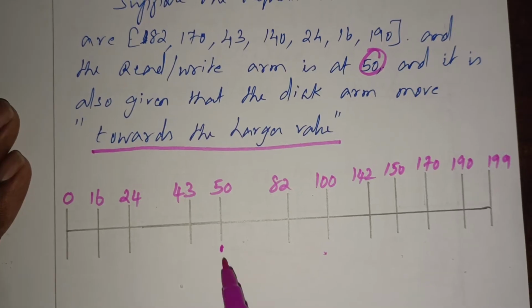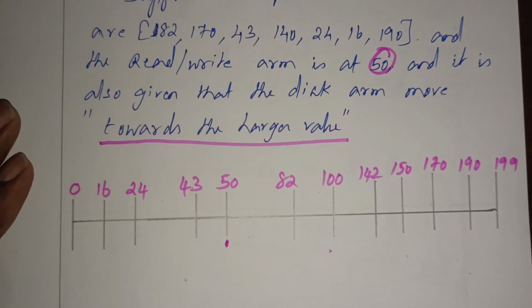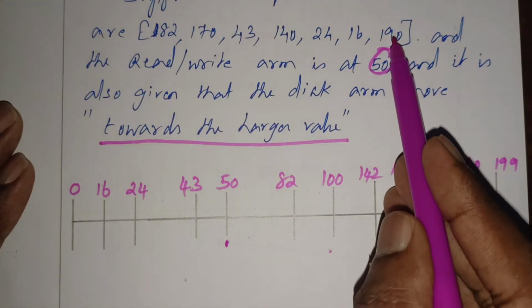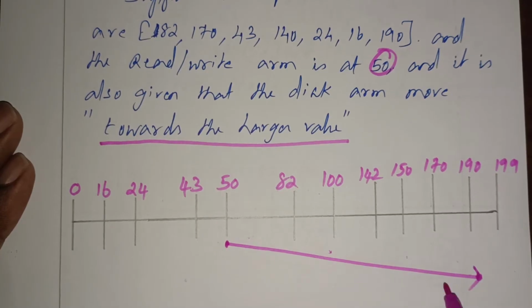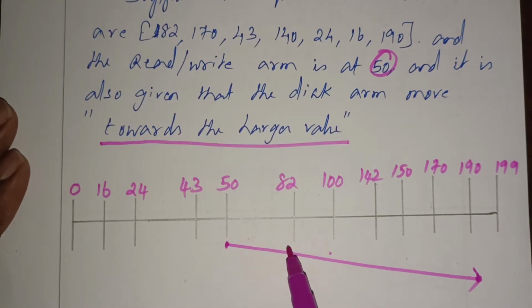Now it is going to traverse, it is a scan, right? It is not stopping anywhere in between. It will stop exactly at the last positioned value, that is the highest request we have given, 190. In the path between 50 and 190, the same explanation I gave for the previous scheduling applies.